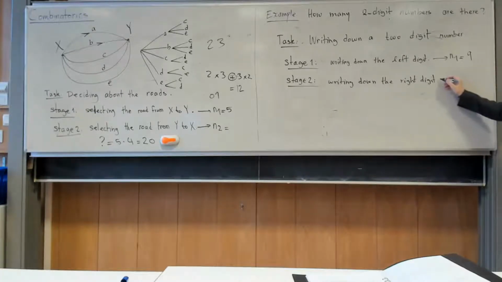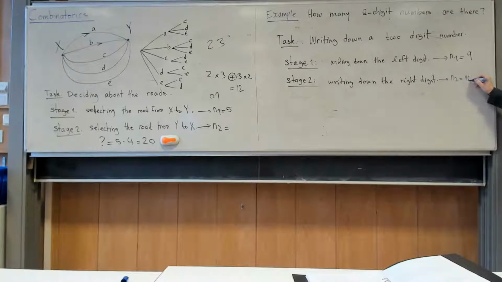Okay? And then how many ways can I do the second stage? 10. When you want to write this 10, you need to be a little bit careful. Is this number 10 independent of how I have done the first stage or not? If the answer is yes, you can write it and make sure that the product rule is applicable. What do I mean? If I have chosen 1, how many choices do I have here?